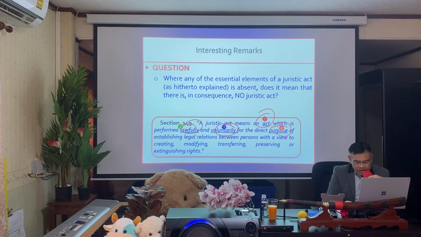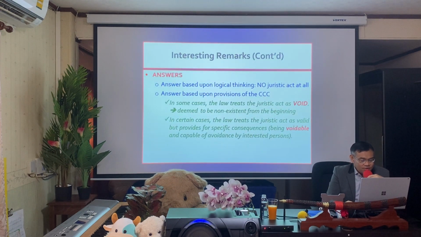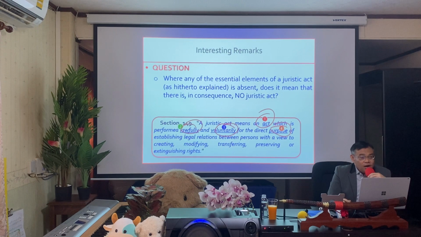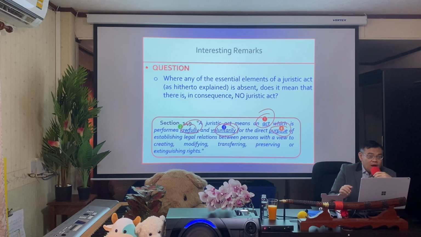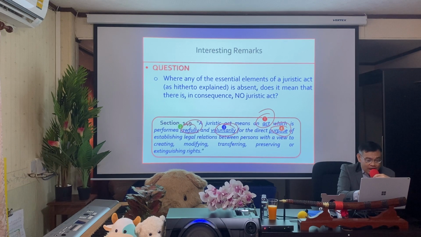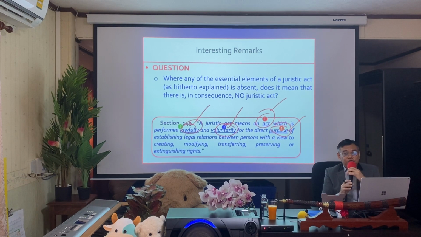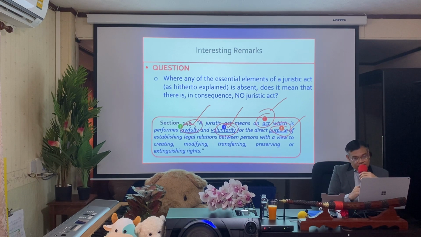Correct? The purpose. Now, I just ask you a question. We now have a clear picture that there are these 4 elements, 1, 2, 3, 4, of a juristic act.